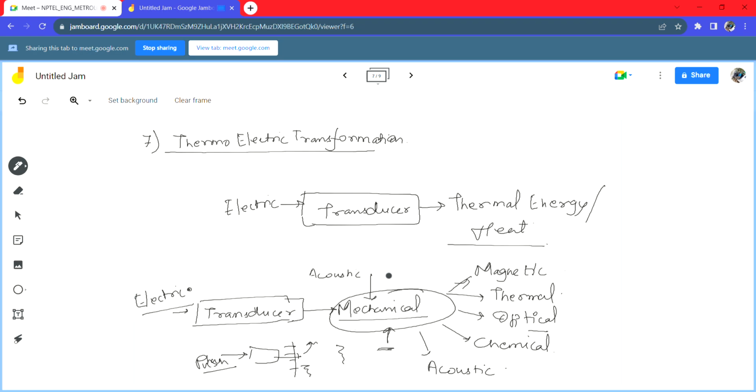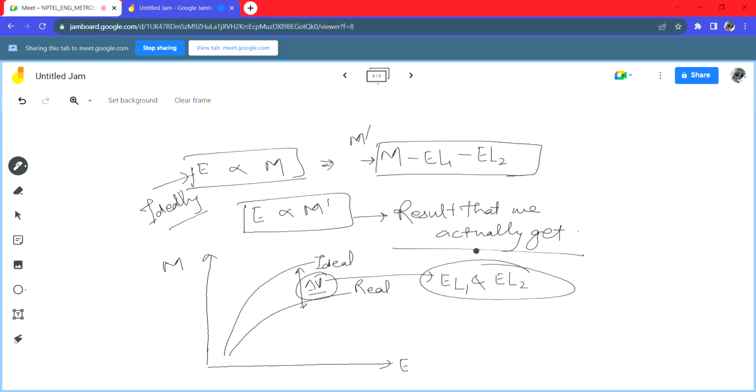Hence, it is important to understand that if there are systems wherein we want acoustic outputs, chemical outputs, or from chemical outputs we want electrical outputs, it is essential to design the systems that at first hand can give you the results.